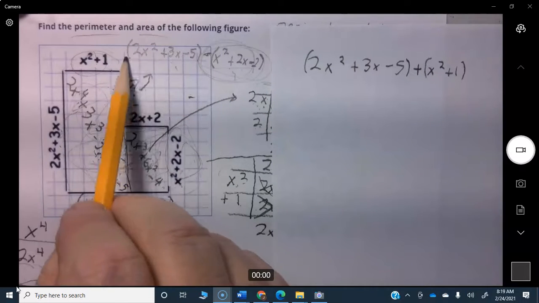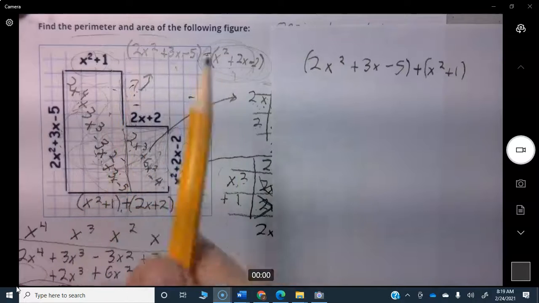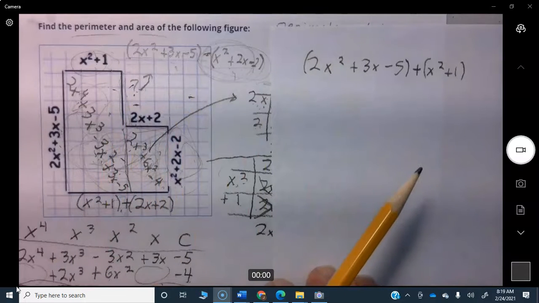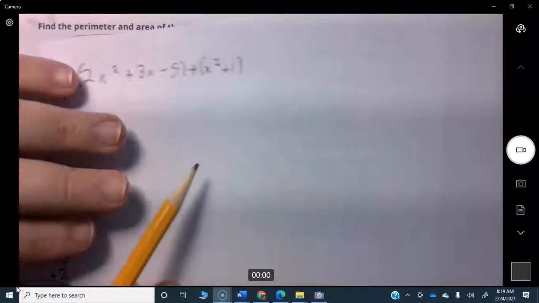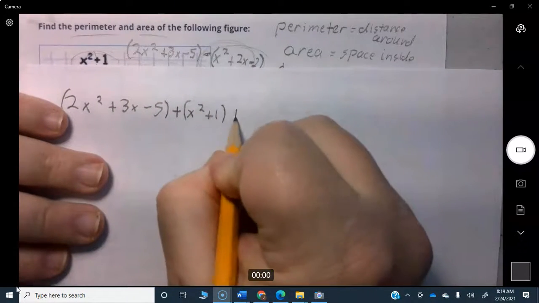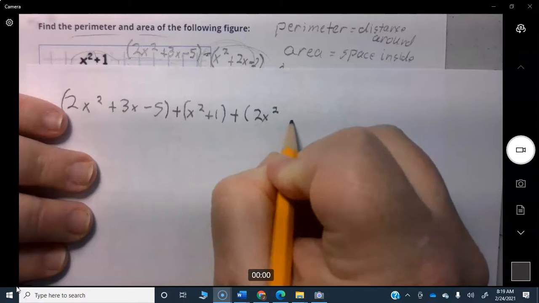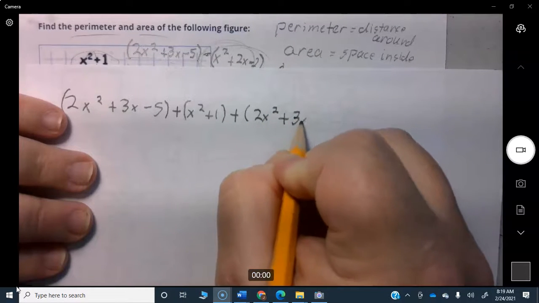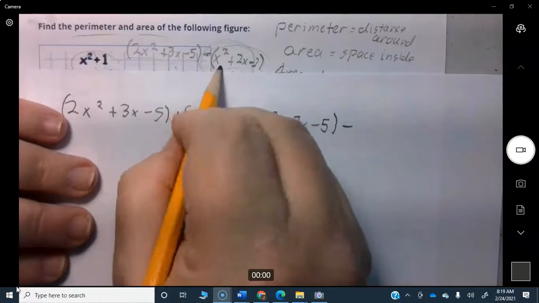So I'm going to just add, well, let me do it because it's the way I want you to think the problem through the way you're seeing it. So it's this minus this, so I'm going to come over here and let me try to keep as much on the screen as possible. Plus 2x squared plus 3x minus 5, and then minus this.